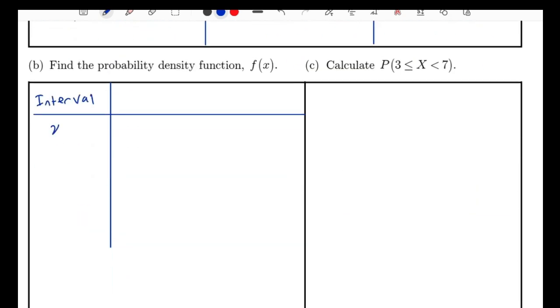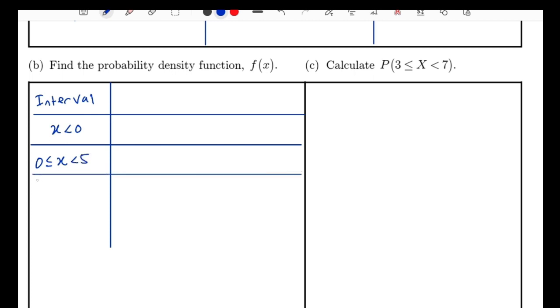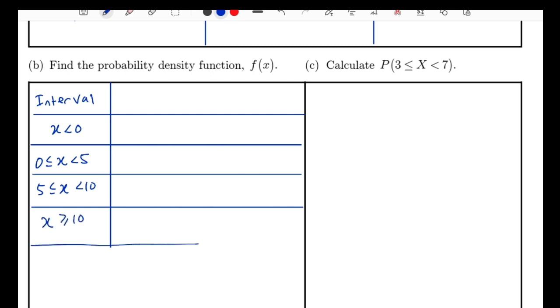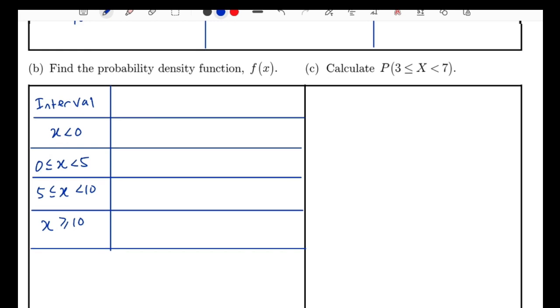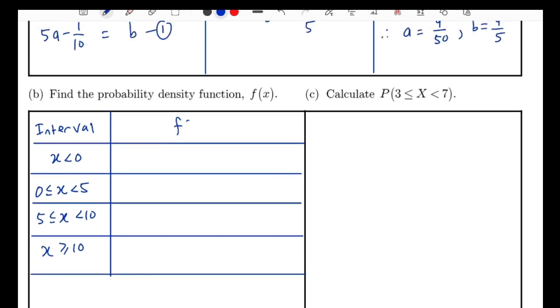So x less than 0, 0 less than or equal to x less than or equal to 5, 5 less than or equal to x less than or equal to 10, and x greater than or equal to 10. And this one is f(x) that we're going to find.